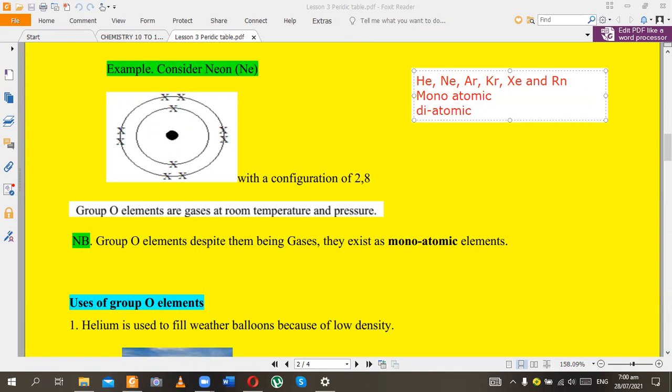People say chemistry is difficult, especially when we start looking at chemical equations, because if we don't understand the type of elements we're dealing with, whether monoatomic or diatomic, your balanced chemical equation will be wrong, as well as the net ionic equation.